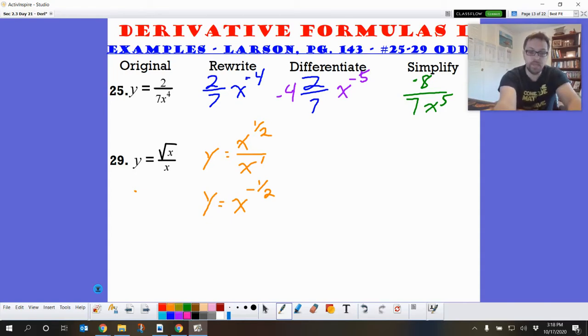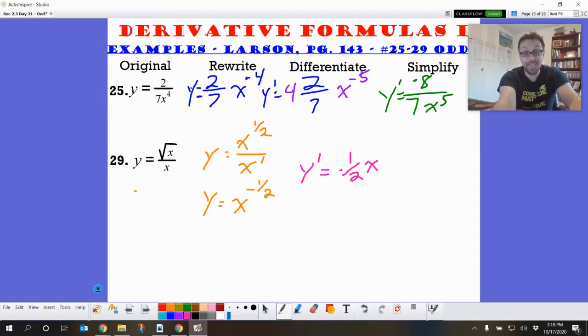So that is going to be y prime. Why don't I have y primes up top? Just notice that: this is y, and then this is y prime. Sorry, that was going to bug me, and I'm sure it was bugging you. Okay, so y prime equals, we're going to bring that negative 1/2 in front.